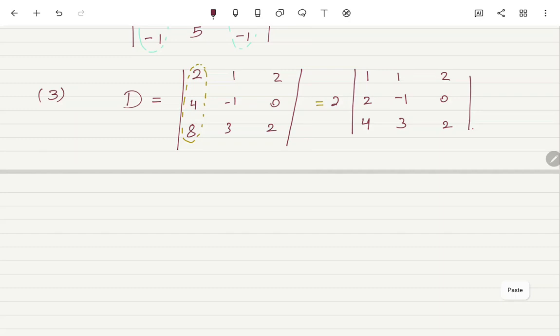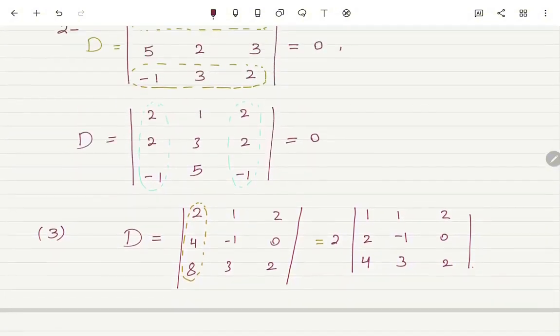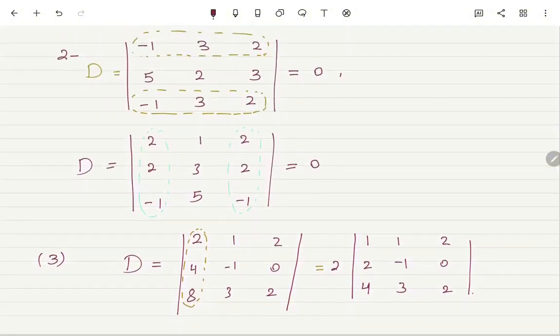Now let's move to the fourth property of determinants. If two rows or two columns are proportional, then the value of the determinant vanishes. Now we can actually use the property 2 and property 3 of determinants, this and this.